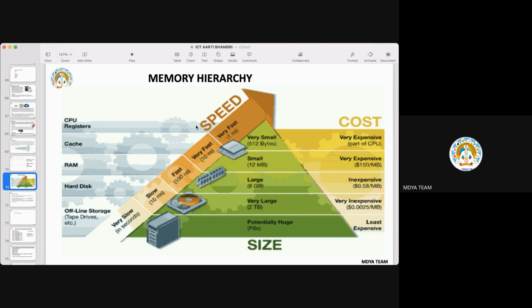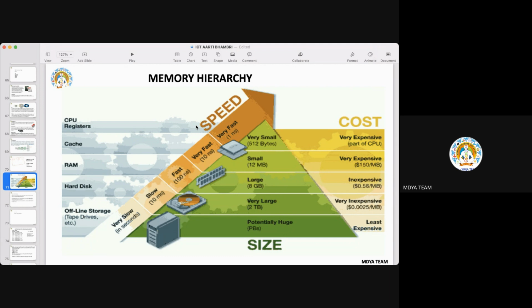The hard disk drive is larger, and RAM is large as compared to registers. Cache memory is small as compared to RAM, but bigger as compared to the CPU registers. So the smallest are registers, and the largest are the external memories.